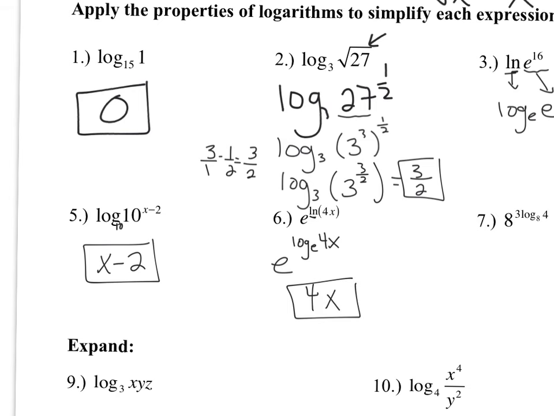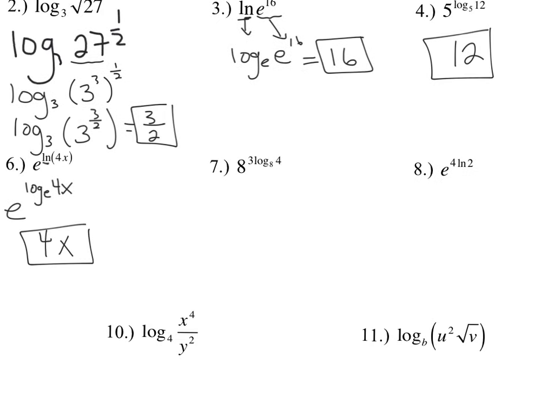So for number 7, it's pretty similar to that property number 4. It looks a little bit different, and there's a little bit of work we have to do ahead of time. Up here in the exponents, we have something that looks like it might be property number 4, but a little bit off because I have that 3 in front of the log. So I'm going to write that exponent down, and remember that 3 in front of the log, we can use the power property and move it up as an exponent.